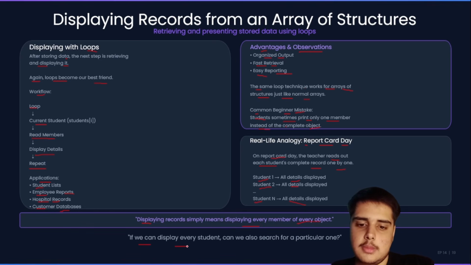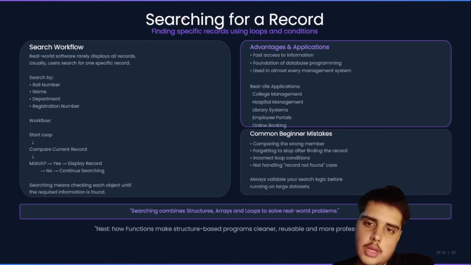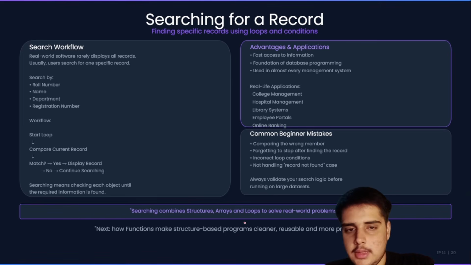If we can display every student, can we also search for a particular one? So yes, searching for a record: finding specific records using loops and conditions. This is a very good thing, as we have to find particular things using loops and conditions.